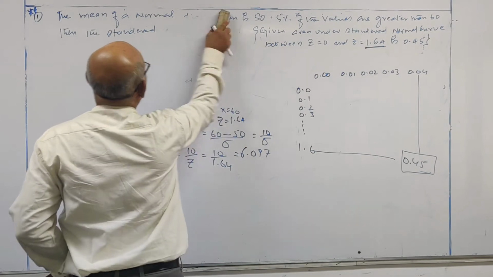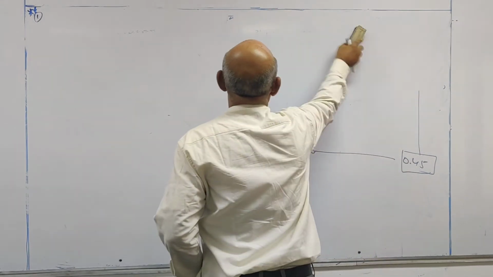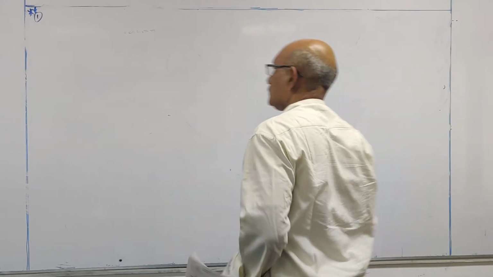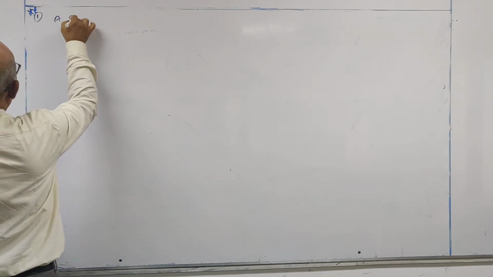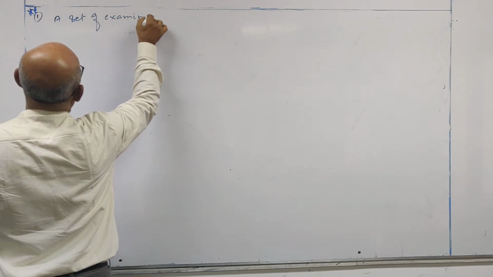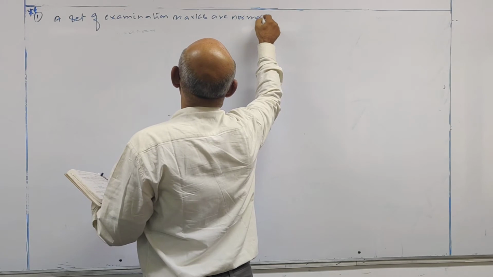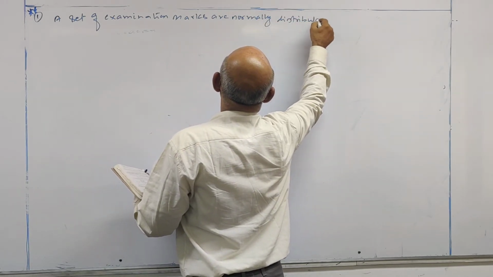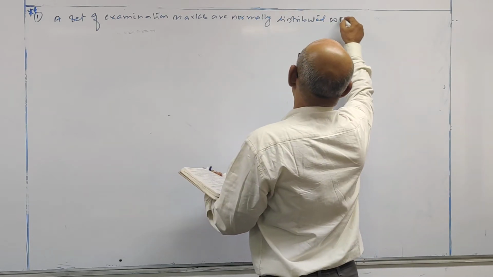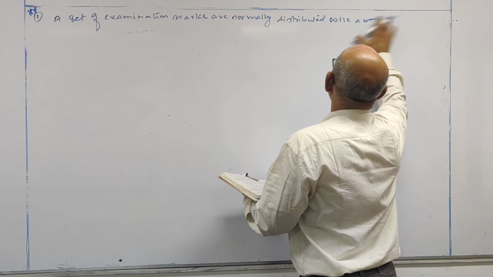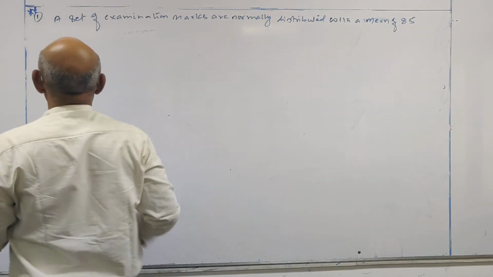Next question. A set of examination marks are normally distributed with a mean of 85 and a standard deviation of 5.